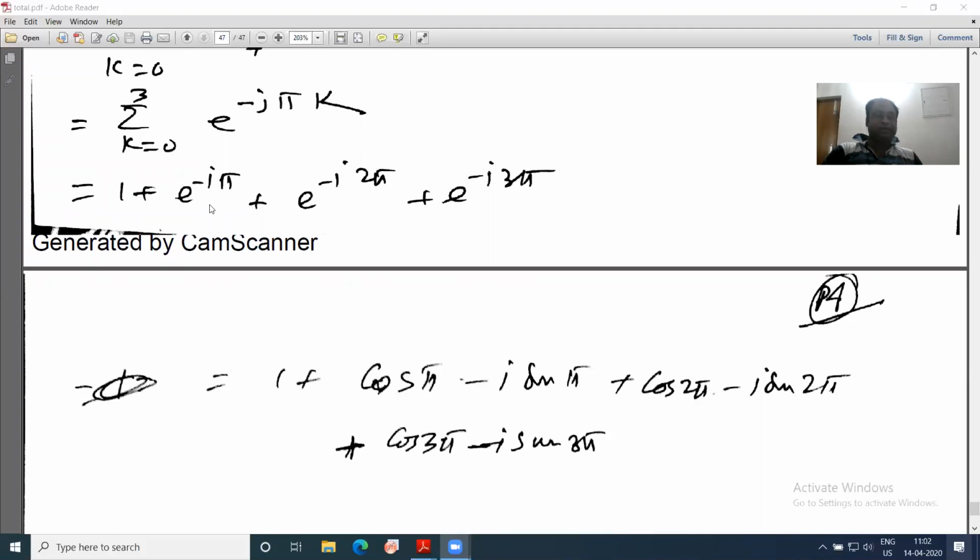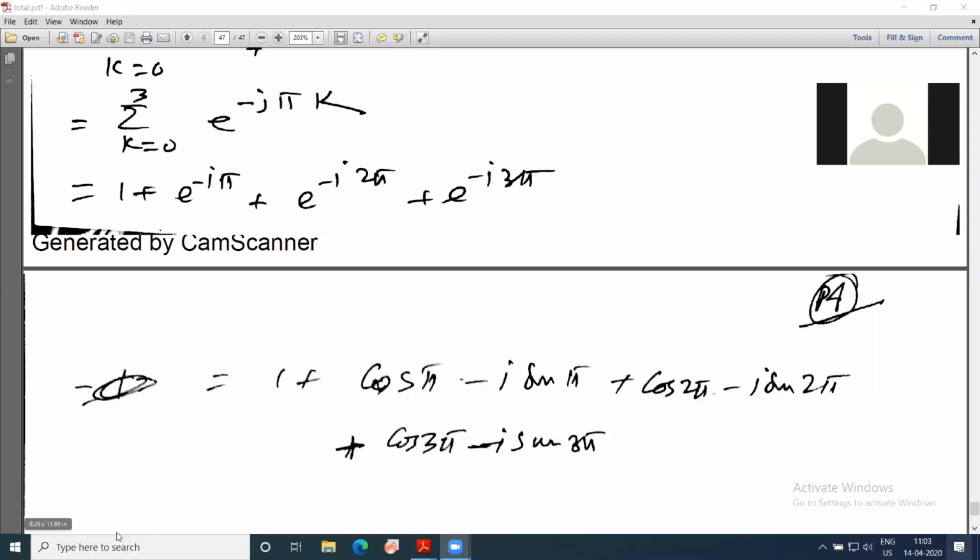Now e to the power minus j pi will be equal to cos pi minus j sin pi, and e to the power minus j 2 pi equal to cos 2 pi minus j sin 2 pi. Now e power minus j 3 pi is equal to cos 3 pi minus j sin 3 pi.